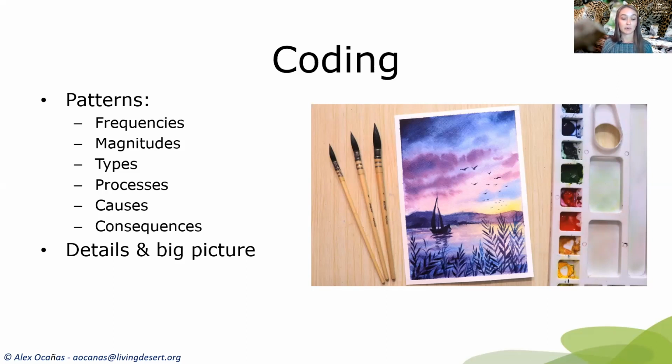We might be looking for different processes. Is there an order among certain parts of a situation or an event? Do stages progress in a certain way? We might be looking for causes. What causes this, or what's a common factor that leads to this other part of the event? And on the flip side, what are the consequences, or the effects that we're seeing? Those are some helpful things to look for as we're identifying patterns, which is the purpose of coding.